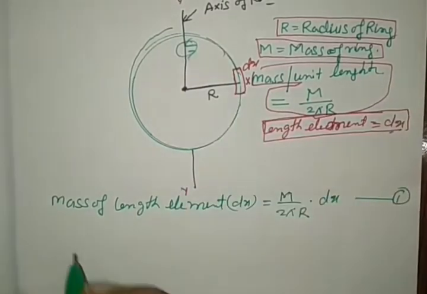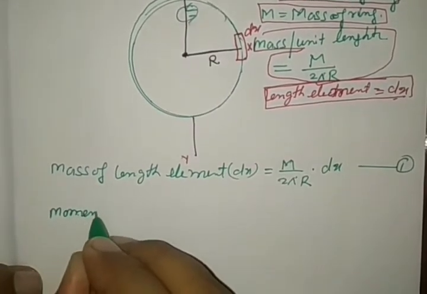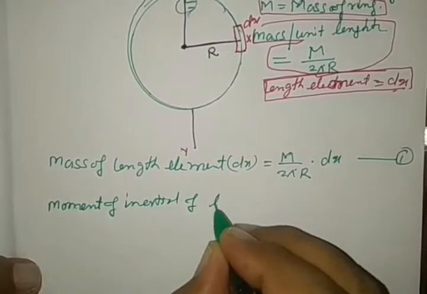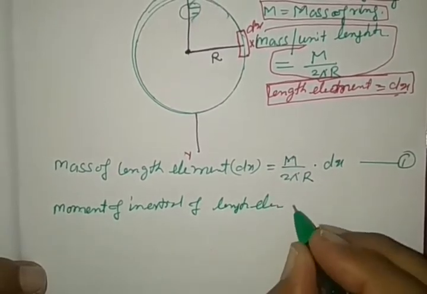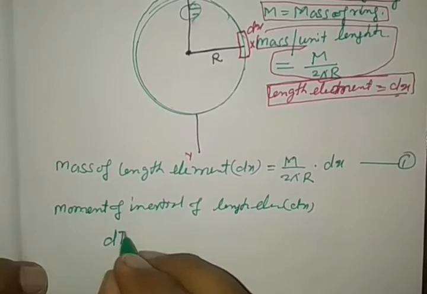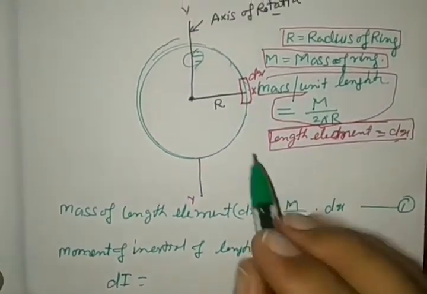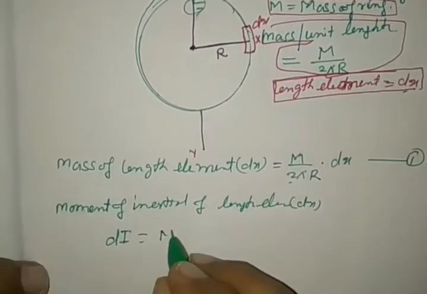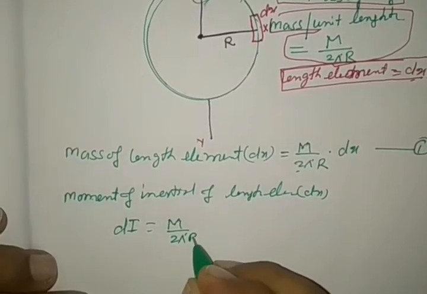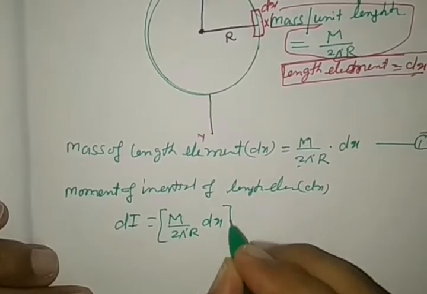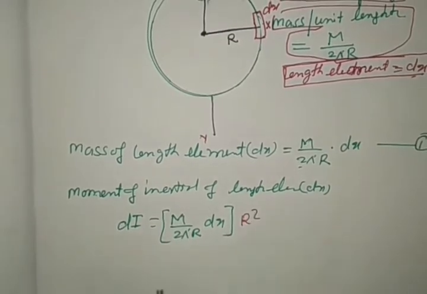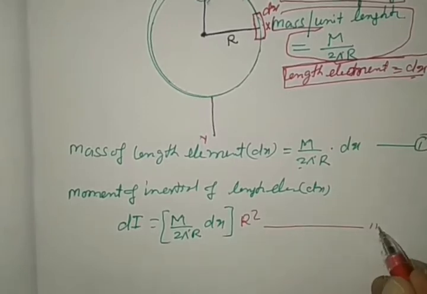So the moment of inertia of the length element dx, denoted by dI, is the mass of the element, M upon 2 pi R dx, into R square. This is equation number 2.